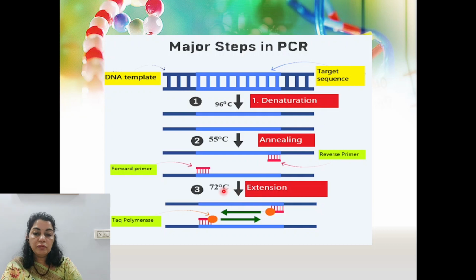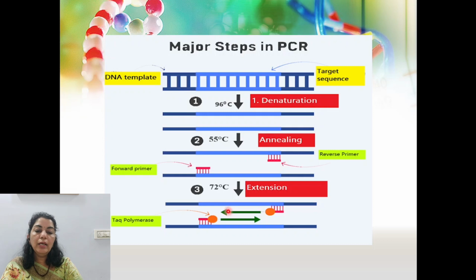Again, after 45 seconds, we increase the temperature to 72 degrees Celsius. Taq polymerase is most active at this temperature. So, the Taq polymerase binds with the 3-hydroxyl group of the primer and starts adding dNTPs to the new DNA chain.